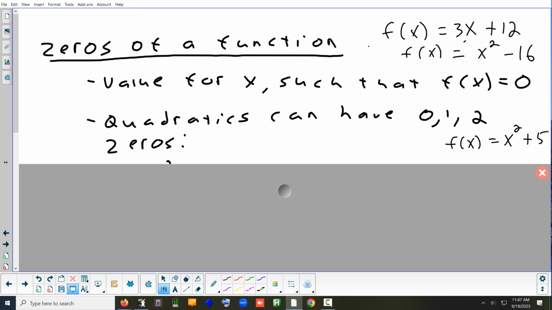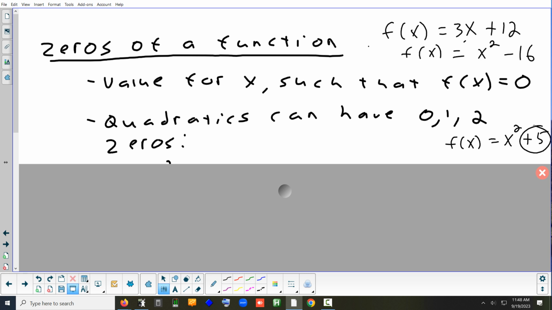We're only dealing with real numbers. Is there any number you can plug in and square it and have it come out to negative 5? No. If you try a positive number squared, 3 times 3, that's 9. If you try a negative number squared, negative 3 times negative 3, that's also 9. So something like this can't be solved with real numbers.